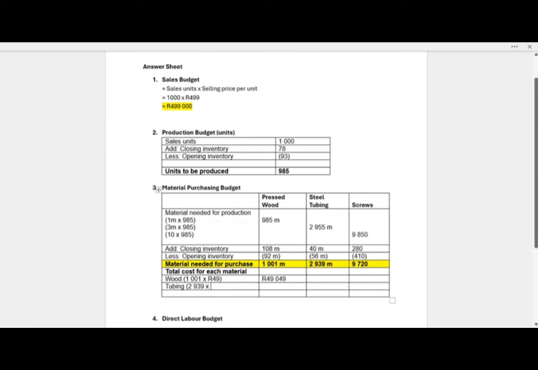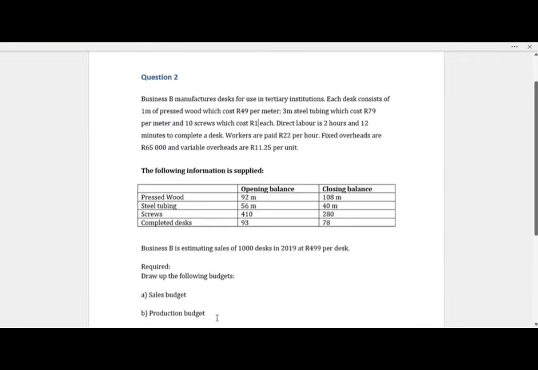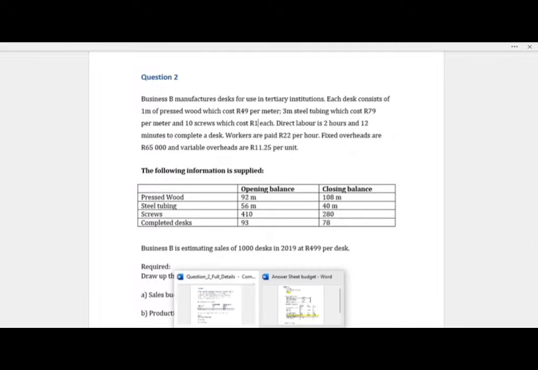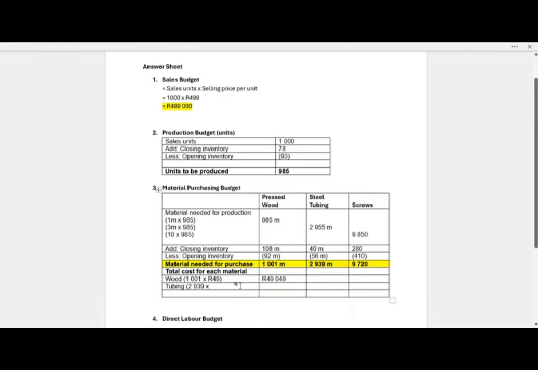You multiply by cost price per meter for steel tubing, which is 79 rand. They say steel tubing costs 79 per meter, so I'm going to multiply by 79 rand. All right, and then let's see how much is our tubing. I'm gonna put the money there.